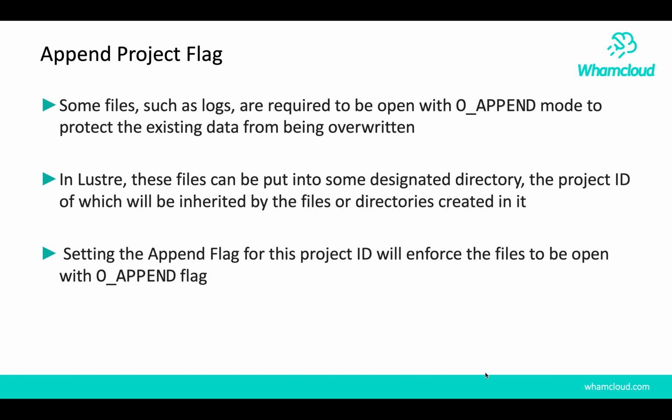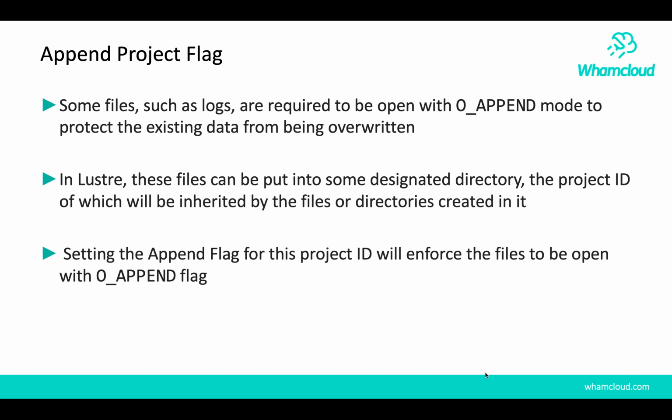Another interesting flag is the append project flag. In some use cases, for example, log files need to be opened with an append flag to protect the existing log data from being overwritten by new log data. Then, how can we enforce these files to be opened with an append flag? The append project flag will do its job here.